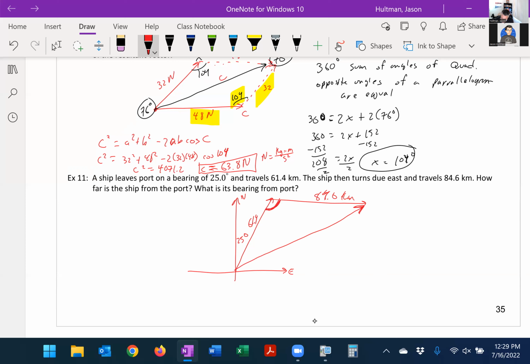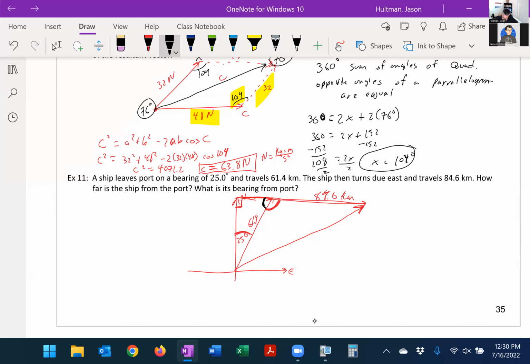We'd like to find out what this angle is so we can use law of cosines. This is going to be a right angle. If this angle here is 25 degrees, then what is its complement here?